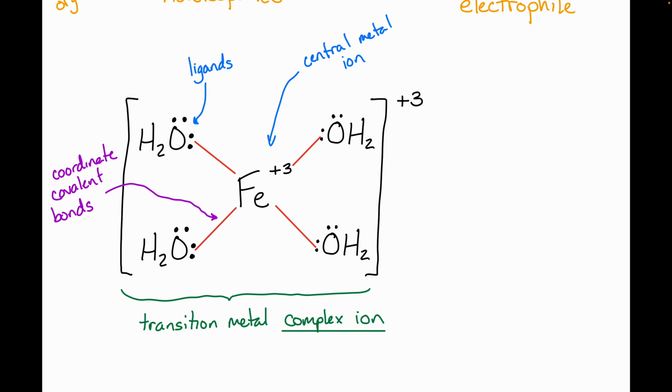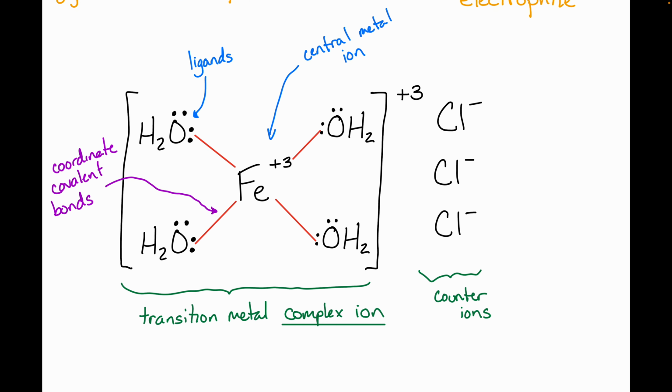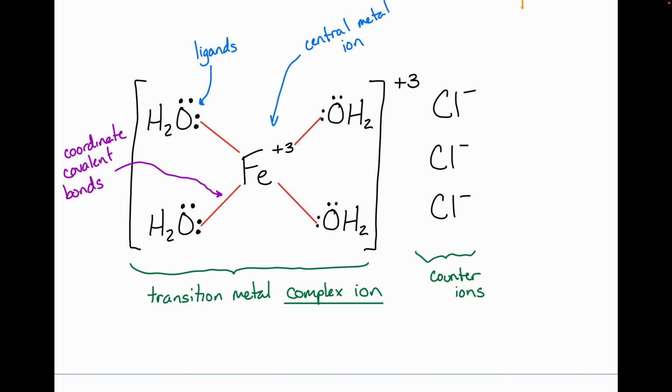All right, and some of these things you can actually isolate into a salt. So if we paired this thing up with 3 chlorides, these would just be playing the role of these counter ions. All right, then that whole thing together would be what we would call a coordinate compound.